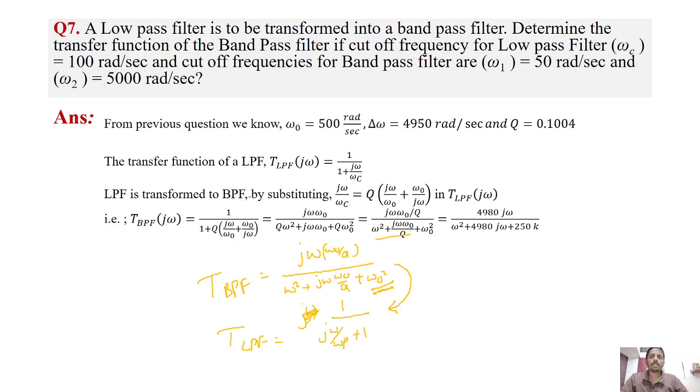What must be the value of j omega that I need to substitute? If I substitute this in the low pass filter transfer function, I will get the band pass filter transfer function.